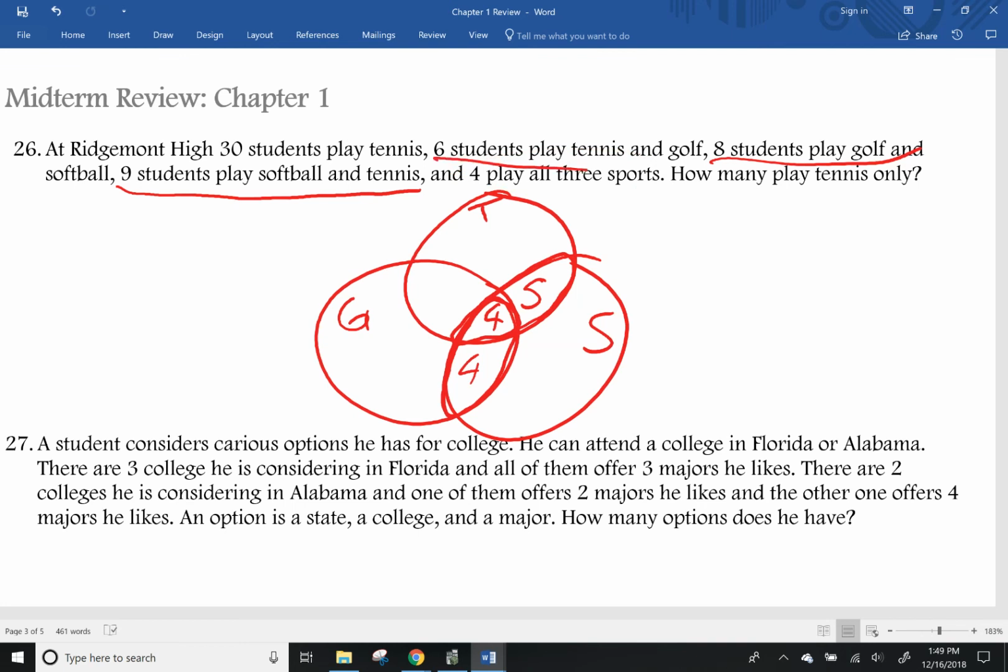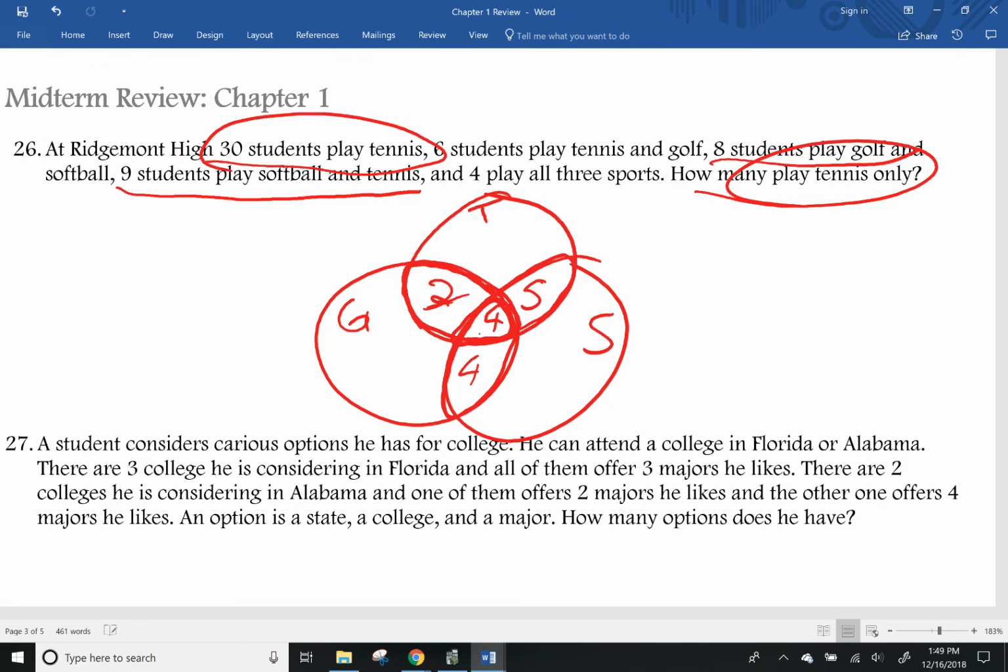6 students play tennis and golf. So tennis and golf is this football-shaped region. 4 students are already counted for, 6 in total, so that means there's 2 left here. And that combines to make 6 students in total. So 30 students play tennis. So the question is, how many play tennis only? So it's just going to be taking the difference.